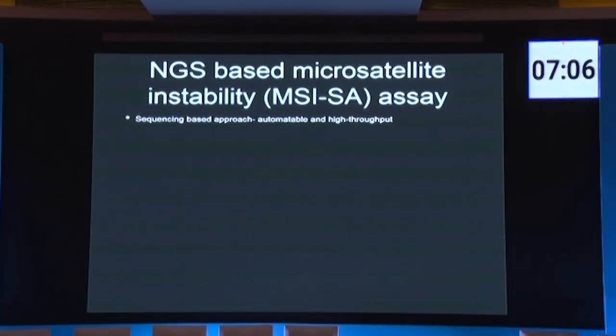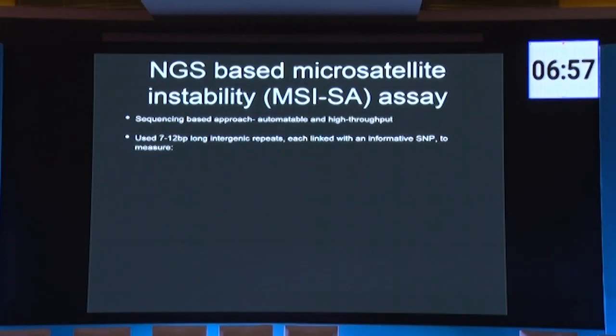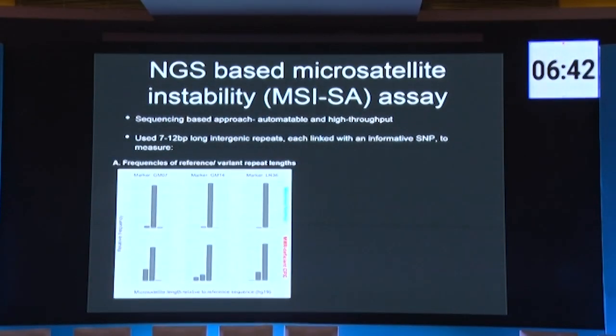So, over the past 5 years, a team based in Newcastle and I have been working towards developing an NGS-based assay which ticks all boxes. But rather than looking at microsatellites that are 20 or 25 letters long, we only look at those 7 to 12 letters long, because they can be sequenced easily on your sequencing machines. And we do 2 clever things with it.